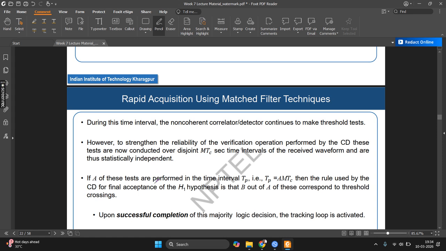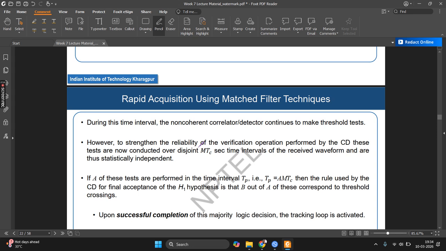So the threshold tests, instead of being done continuously, because if done continuously, what will happen? You have made a decision for an in-sync and you are relaying that to the PN sequence generator, but in that particular time it might also be making a decision, and that decision might be erroneous because the in-sync decision has not yet arrived and the PN sequence has not yet been updated.